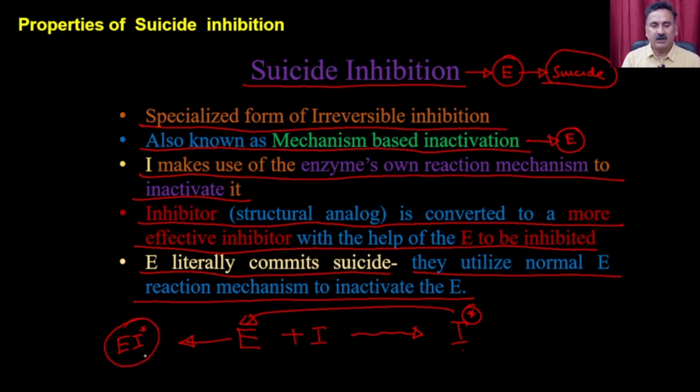This is irreversible inhibition. This means the enzyme is itself acting on the inhibitor and bringing about its own death, and that's why it is called suicide inhibition.